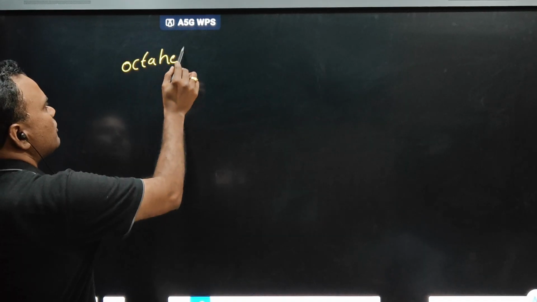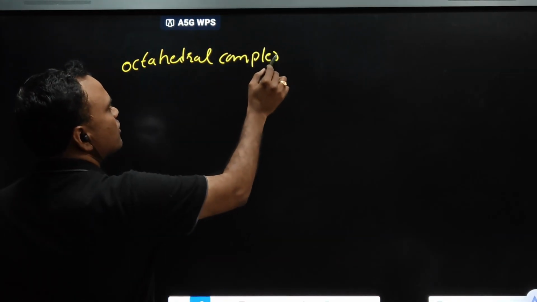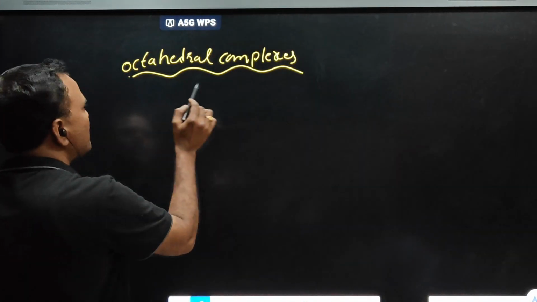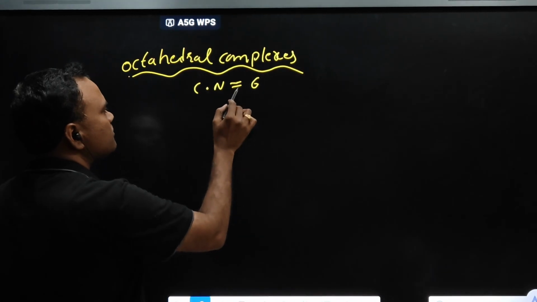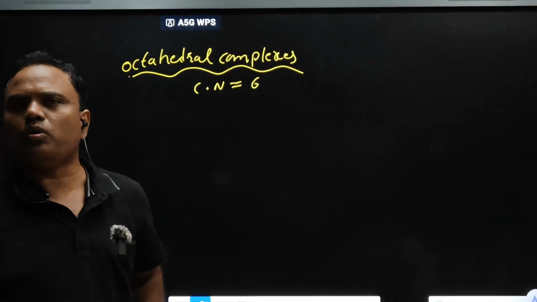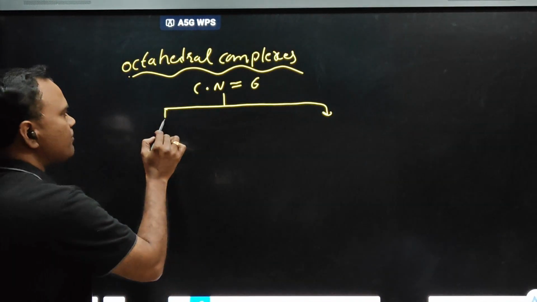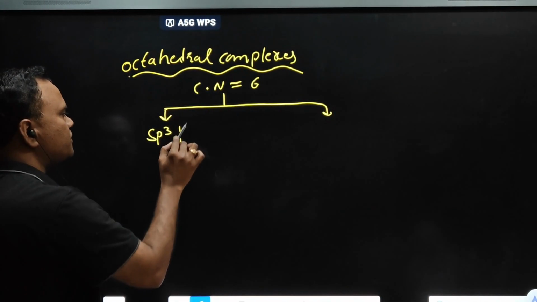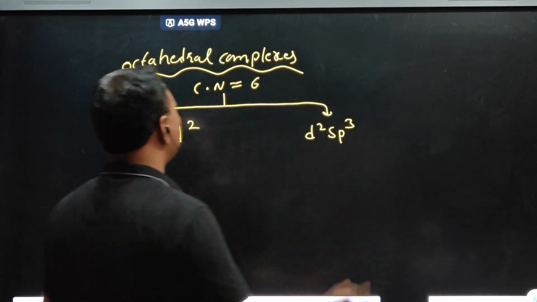Geometry of octahedral complexes. See, in octahedral complexes, coordination number is 6. If coordination number is 6, then what are the possible hybridizations and possible geometries? Complexes with coordination number 6 show 2 types of hybridizations, sp3d2 and d2sp3.